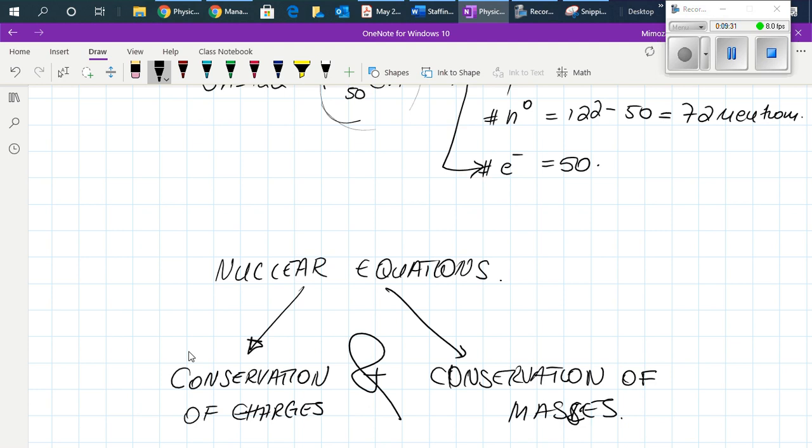Okay, which is translated into conservation of number of nucleons.